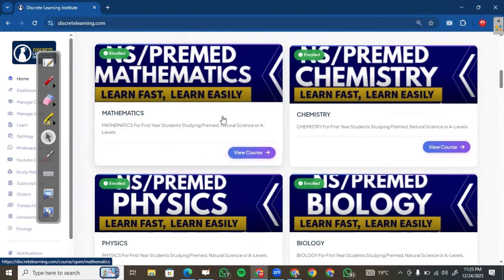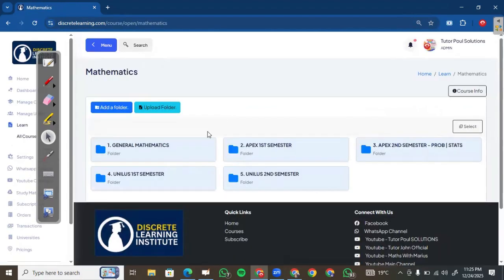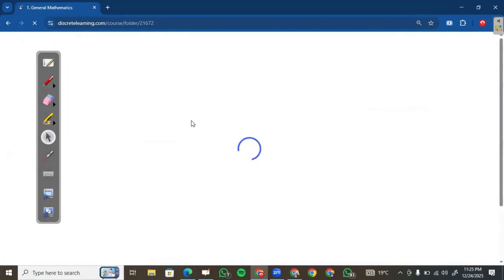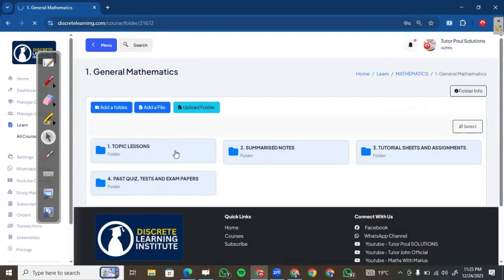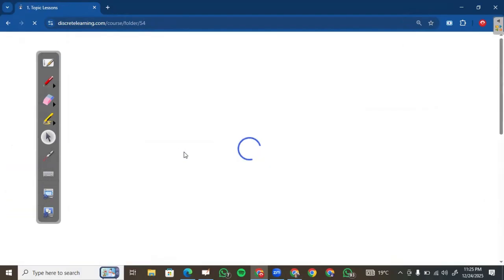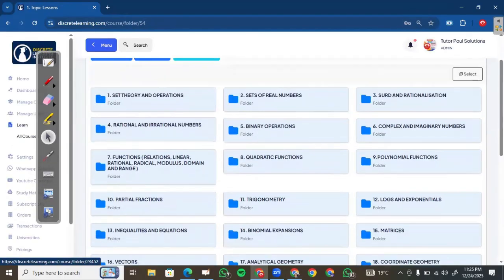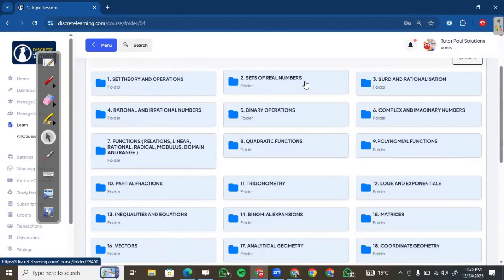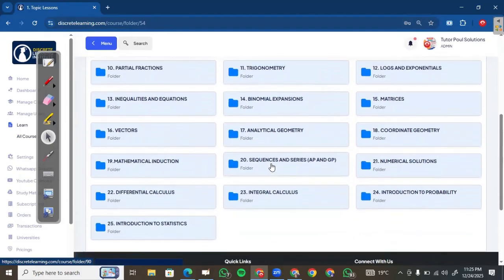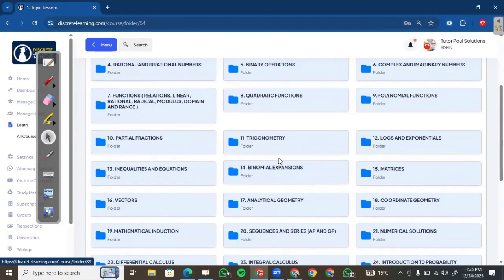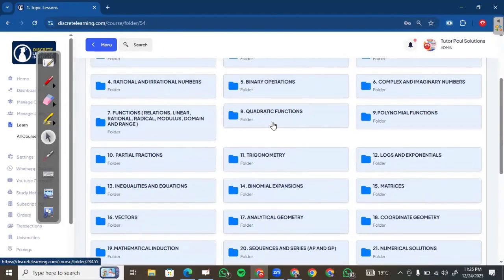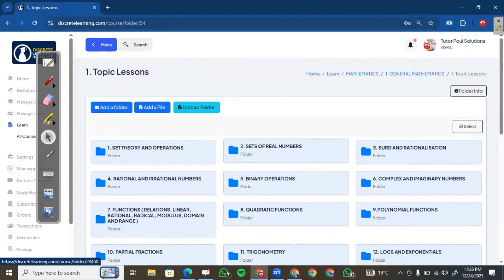For example, if I open the math folder, then go to general mathematics and then topic lessons, you're going to find the topic lessons there. You can see well arranged: set theory, real numbers, surds and rationalization, rational and irrational numbers, binary operation, complex and imaginary numbers, quadratic functions. All the videos here are available for you to study at your own time, at your own pace, even in your blankets.